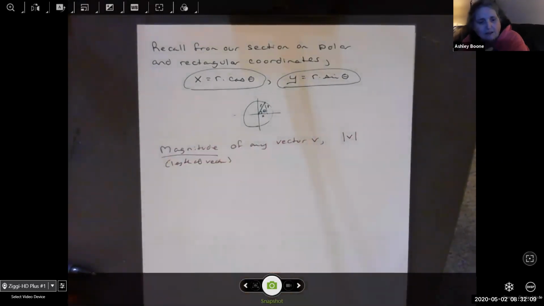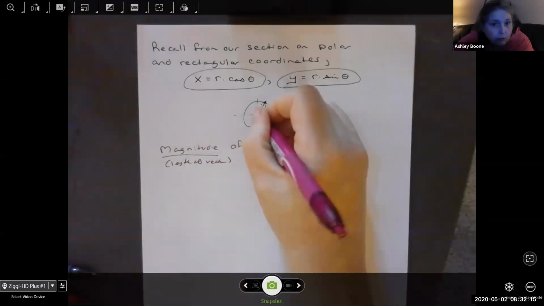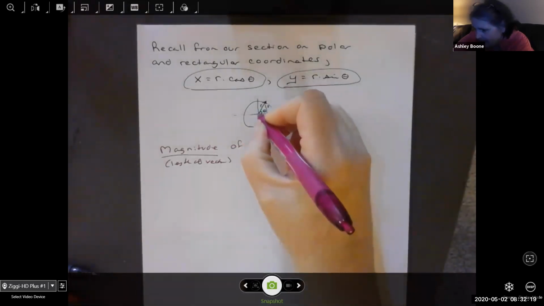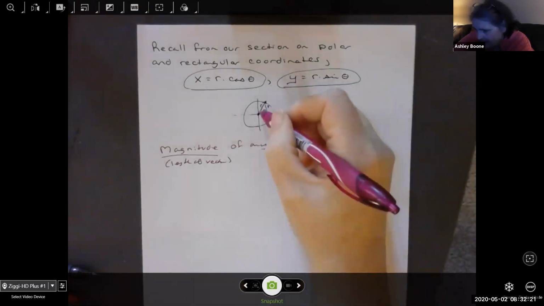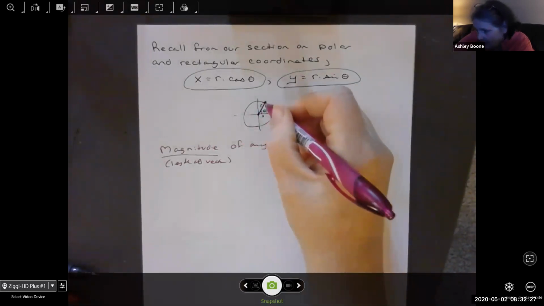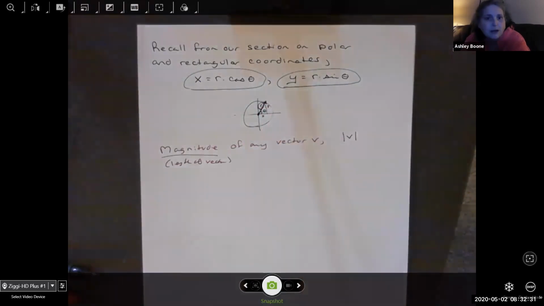Look at that little diagram I did. I know it's kind of small, but imagine you have a vector. Remember, we don't know the initial point or the ending point, so we can imagine starting at 0. It would be the same vector as if you started anywhere in component form to your terminating point. Notice the length of that vector is the same as the radius r when we were talking about polar coordinates.